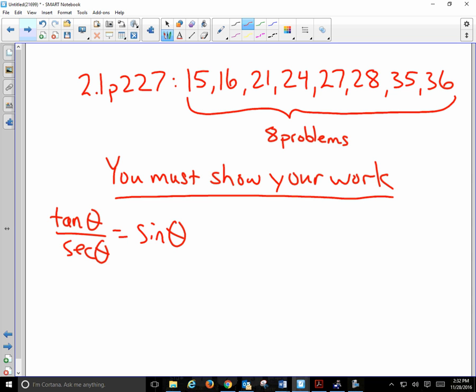Rewrite it as we did in class and show what cancels. Now, if the problem was simplify sine over cosine, not too much that you could do to show your work other than just stating that is tangent. So I get that. But please make sure that you're showing your work through that process. Okay, you could actually get the assignment done in the next 20 minutes here.